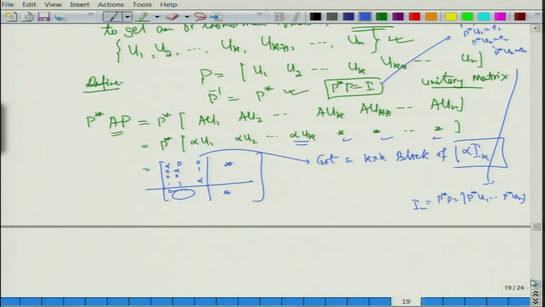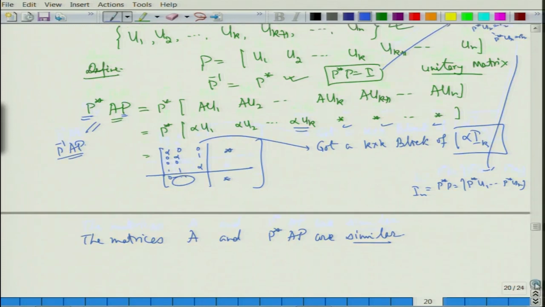So what I have seen here is that P star and P are invertible matrices, and P star is the same as P inverse, so this is P inverse AP. Since they are the same, I am saying that the matrices A and P star AP are similar.